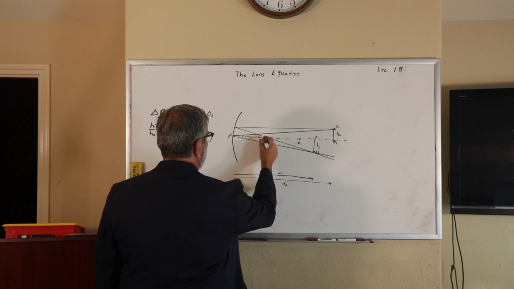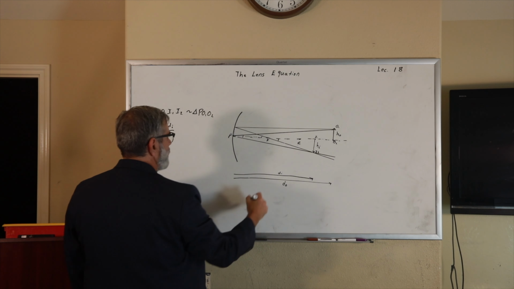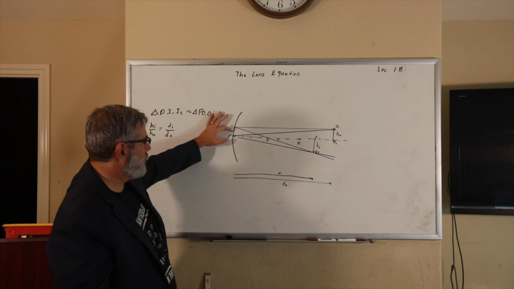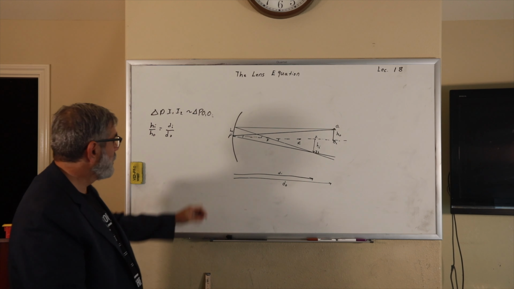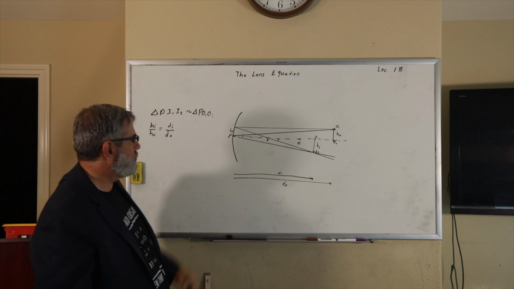And if we observe that this angle here is the same as this angle here, as they are opposite angles, and we note that this distance here is approximately HO, right? So this is for rays that are very close to the optic axis so that the curvature here is not as extreme as I've drawn it, so that we can approximate this little arc length section here as HO.